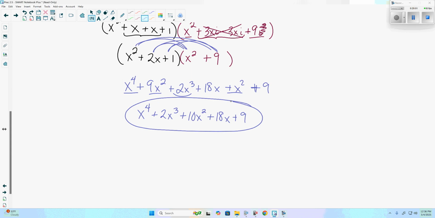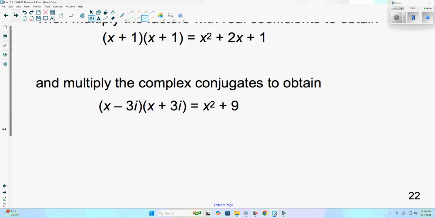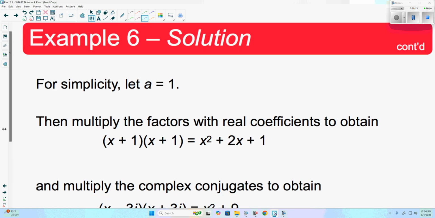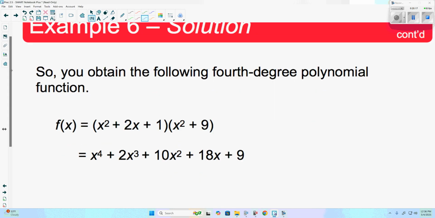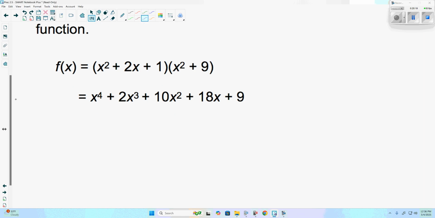So our polynomial of least degree and leading coefficient of 1 would be x to the fourth plus 2x cubed plus 10x squared plus 18x plus 9. If we multiply them all together, we get this here, of least degree and leading coefficient of 1. So it's just multiplying it all back out.